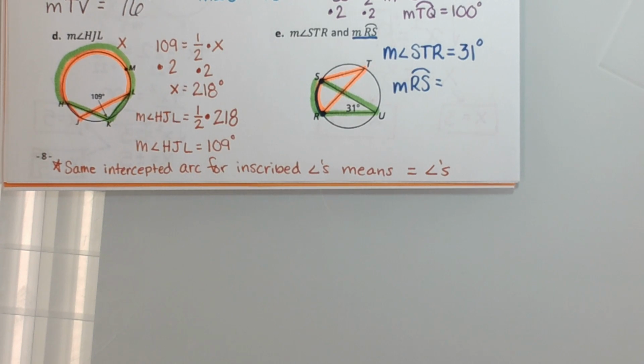Okay, the question again, if you missed it. To go from angle to arc, do you double or do you halve? Do you multiply by 2 or divide by 2? Who says double? Who says half?